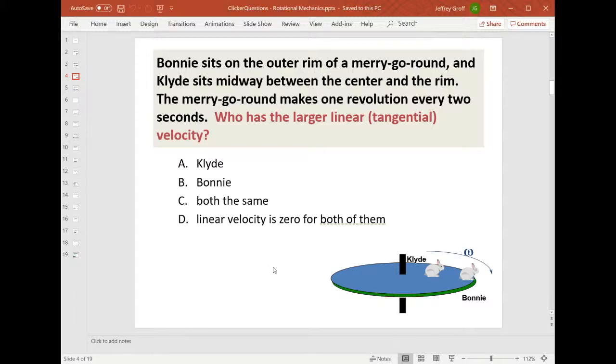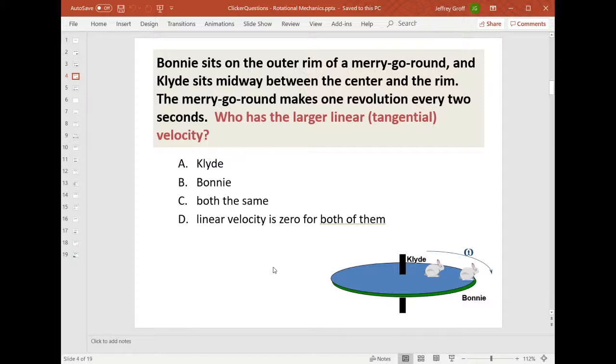Who has a larger tangential speed? I think you'll find it useful to think about units. Units of angular speed or angular velocity are radians per second or revolutions per second. But when it comes to linear speed or tangential speed or velocity, what are the units?